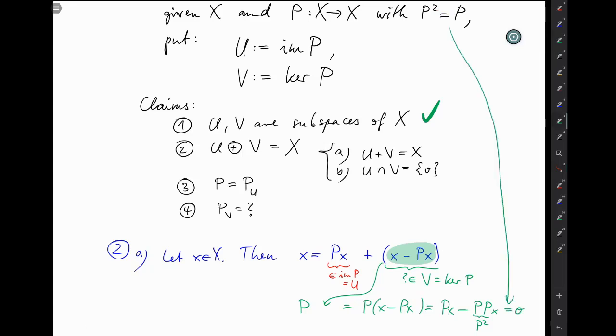Okay, and that's why not only this first part here is in U, but also this second part here is in V, and we can tick 2a.